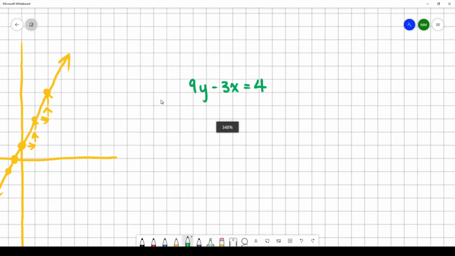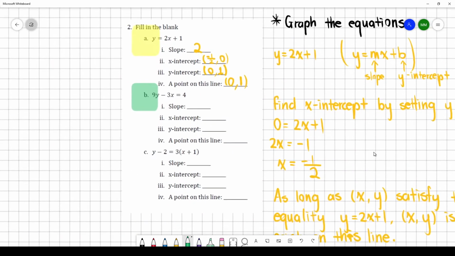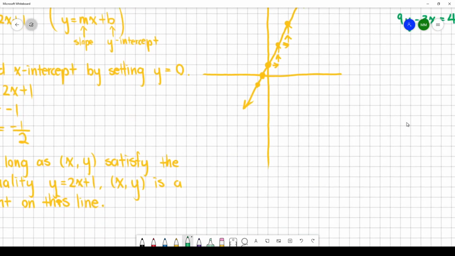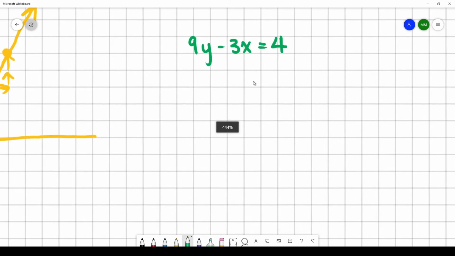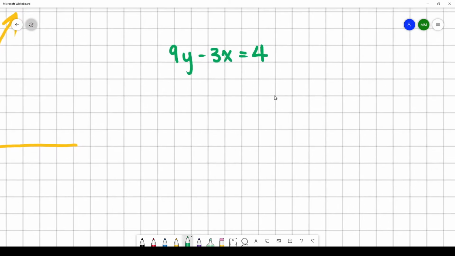Let me just make sure I got the equation correct. Yep. So this is in standard form. When you have an equation in standard form, the easiest thing to find is the x and y intercepts.